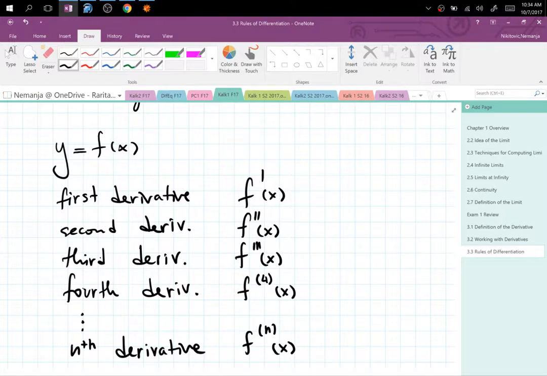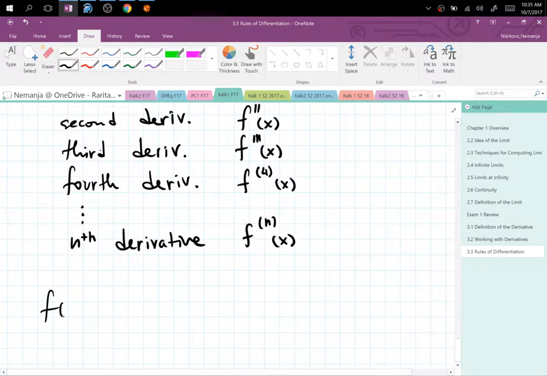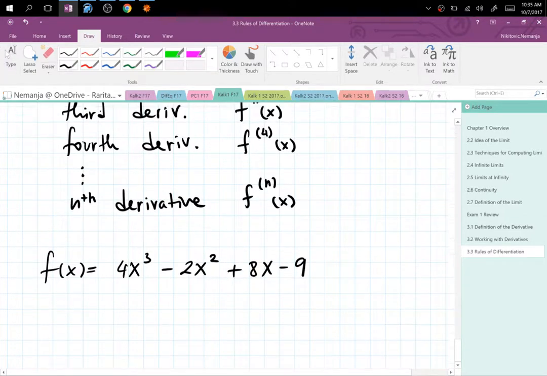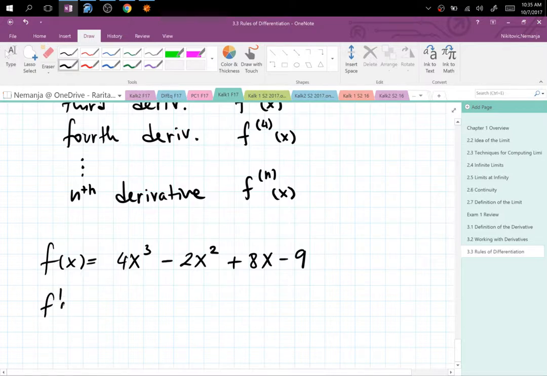So now, if I start with the function f of x equals 4x cubed minus 2x squared plus 8x minus 9, and I take the first derivative, I go with 12x squared minus 4x plus 8.